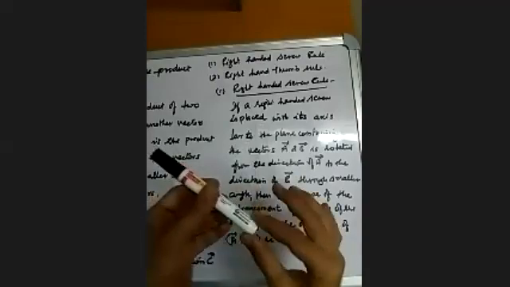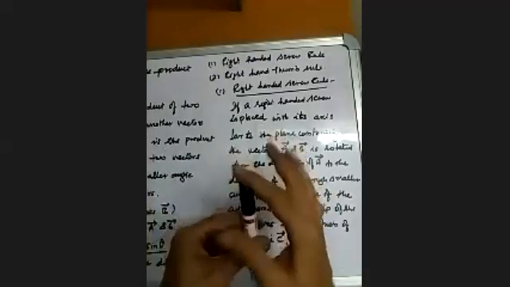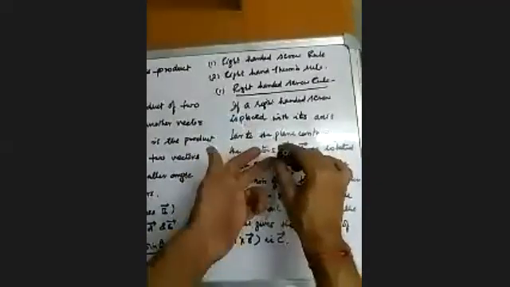So we have a right-handed screw. Suppose this is a screw, this is the cap of the screw, and this is the tip of the screw. Suppose this is the plane in which vector A and vector B are located. We place this cap of the right-handed screw on the plane of paper and keep the axis perpendicular to the plane.